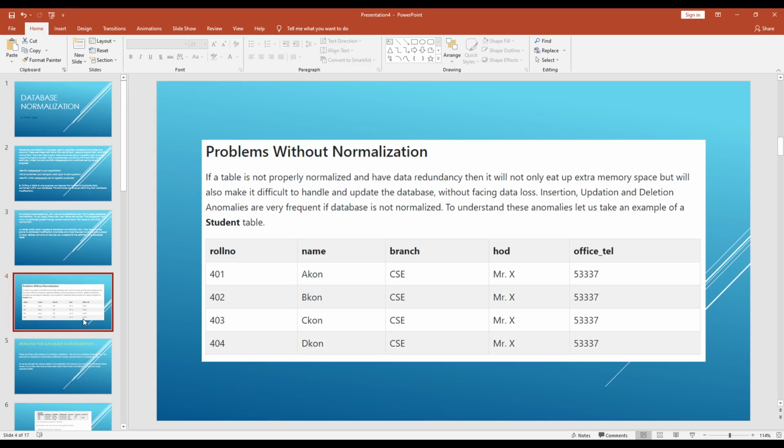Branch. As you can see, branch is also the same, CSE. And next is HOD, and as you can see, it's still the same, Mr. X. And the fifth column is office tel, and as you can see it is still the same, 5337.